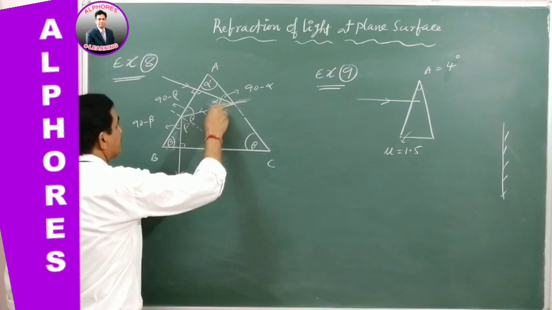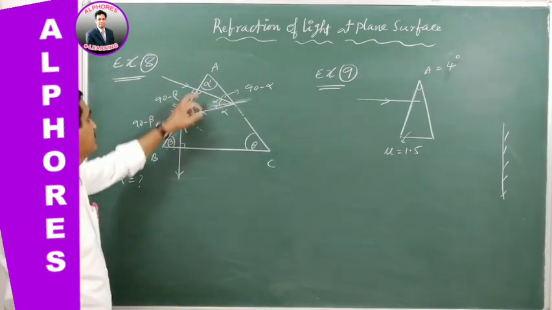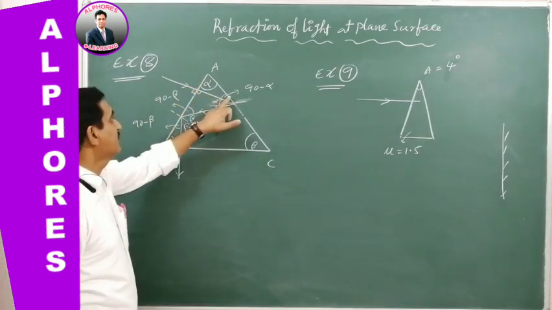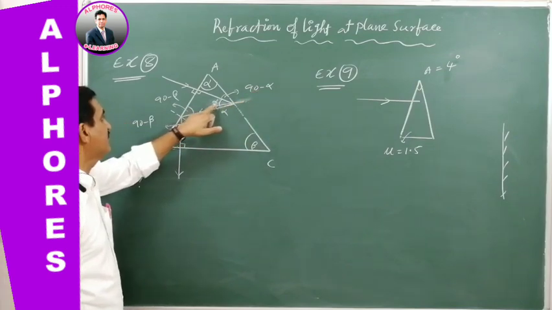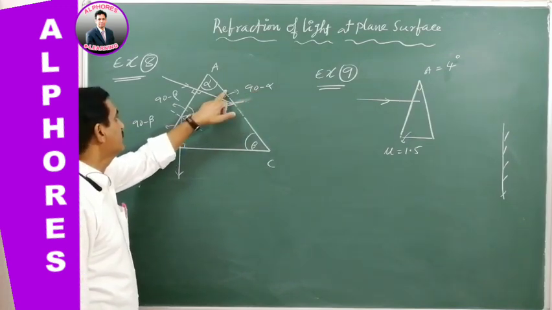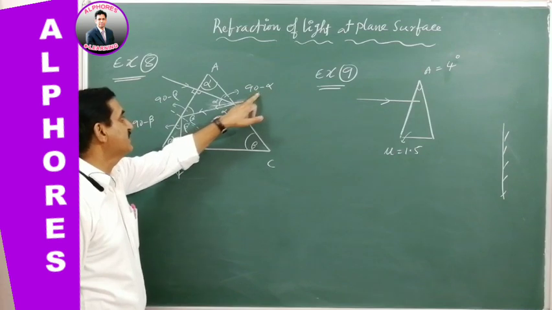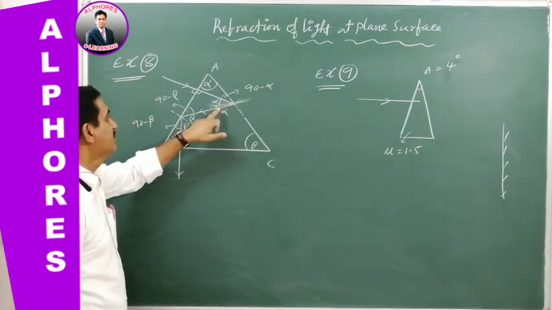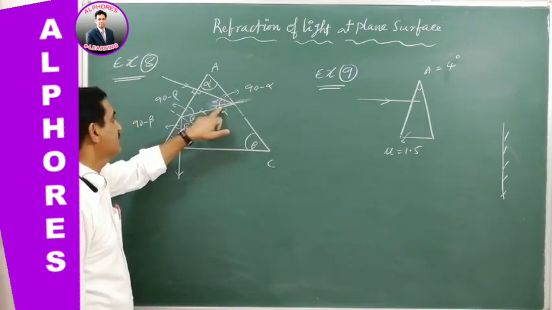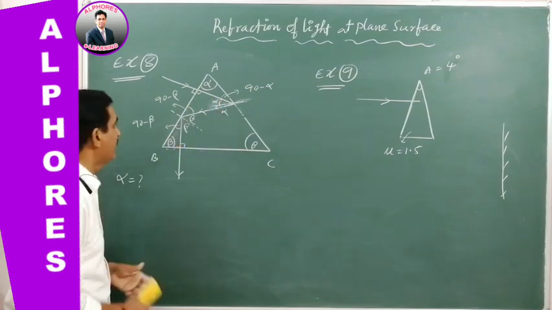Therefore, from this triangle, once again see, this is alpha, this is 90, here 90 minus alpha, a normal is drawn to the surface. So this is total 90 degree. From 90 minus alpha removed off, this is alpha. This is the angle of incidence. This is the angle of reflection alpha, alpha, 2 alpha.